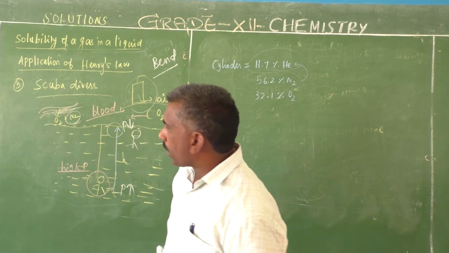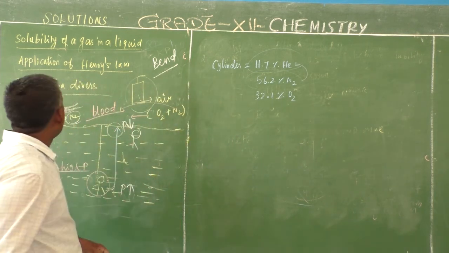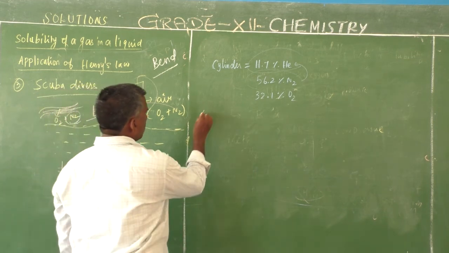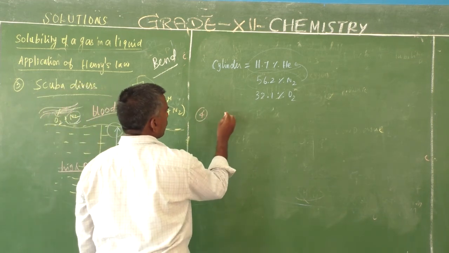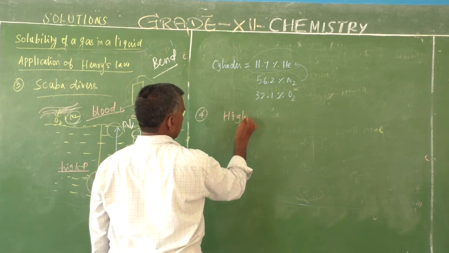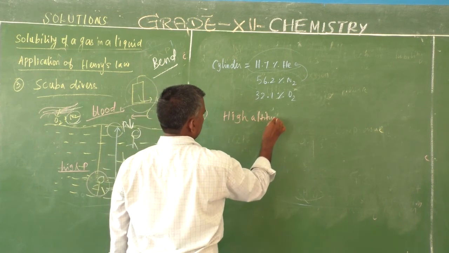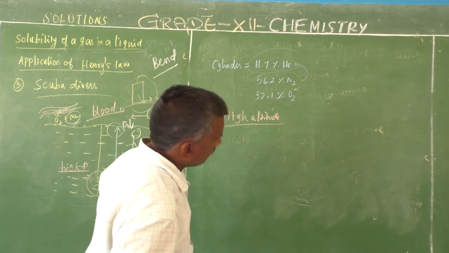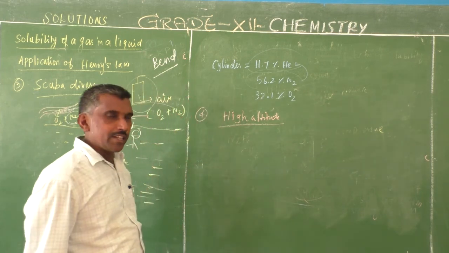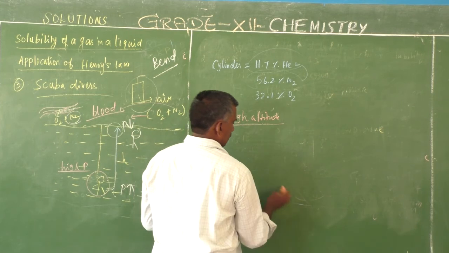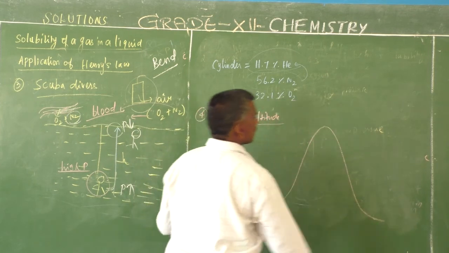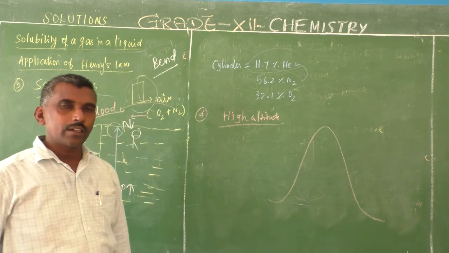Now, the very important fourth application: Henry's law applies at high altitude. High altitude means hills, like the Kodaikanal hills.